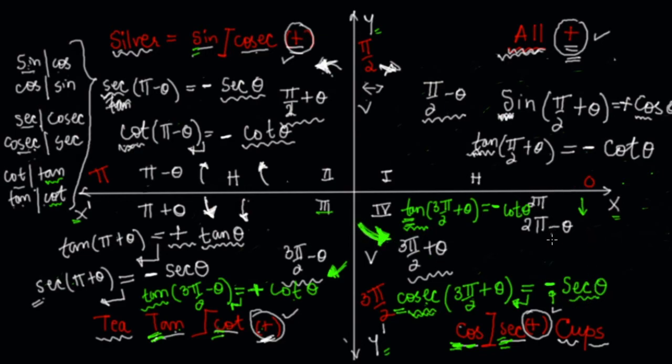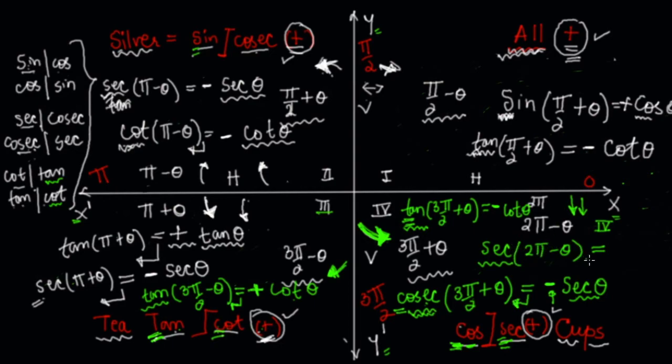Now let me take an example of 2 pi minus theta. Let me take sec of 2 pi minus theta, right? Now 2 pi, which means I am talking about the horizontal line, right? And minus theta, which means I am staying in the fourth quadrant. Now in the fourth quadrant, is sec positive? Yes.